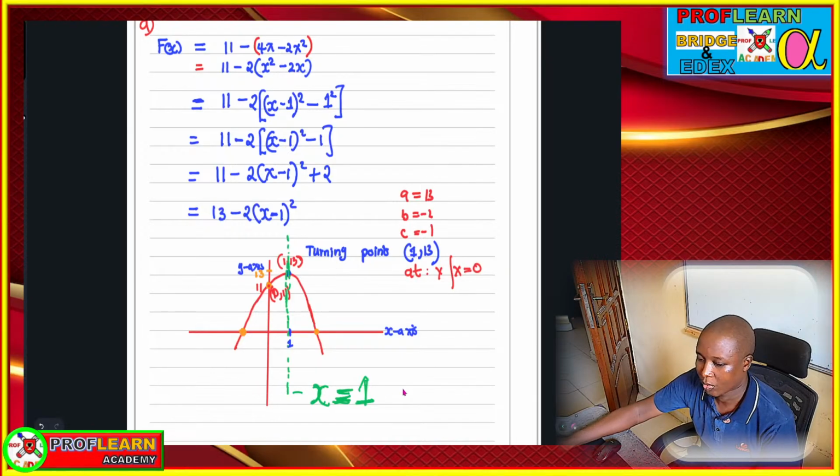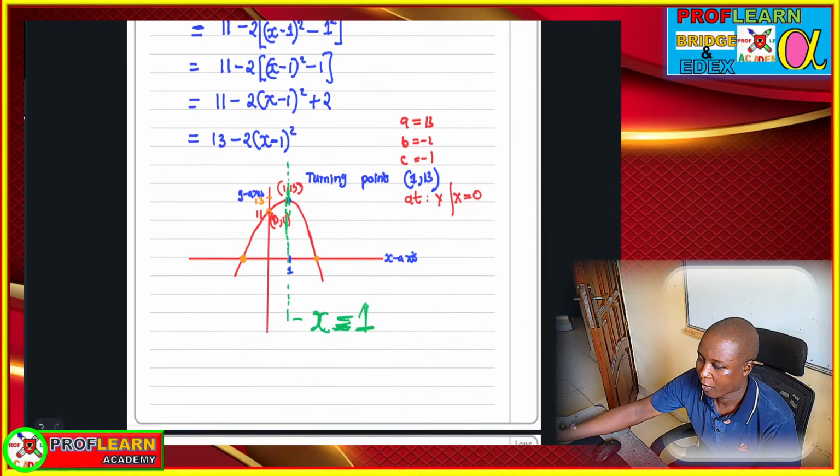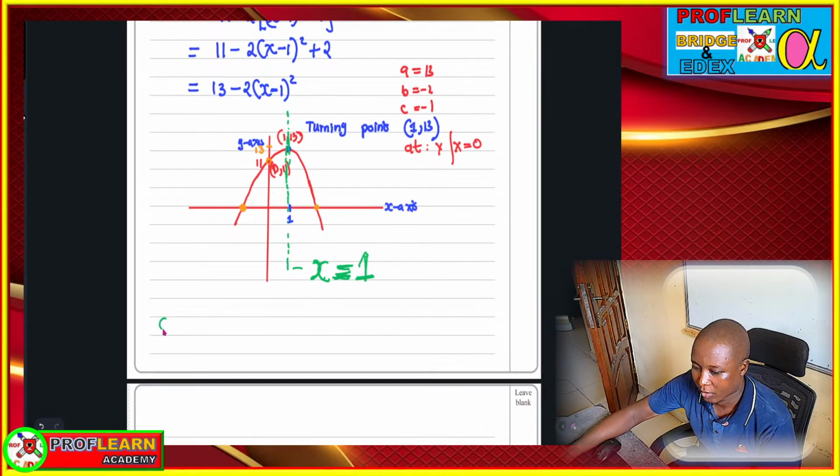So basically that's what you are supposed to do for part C. So C, line of symmetry, is x equals 1.